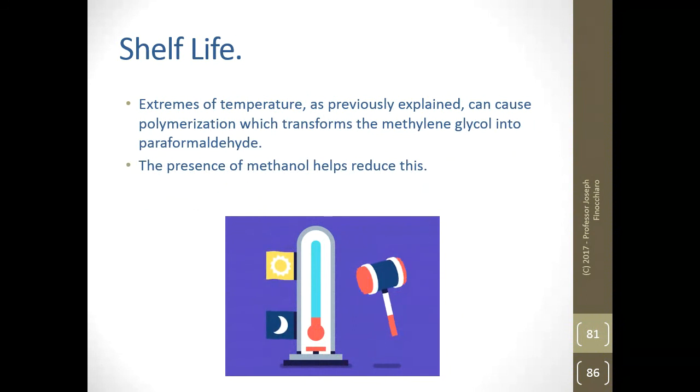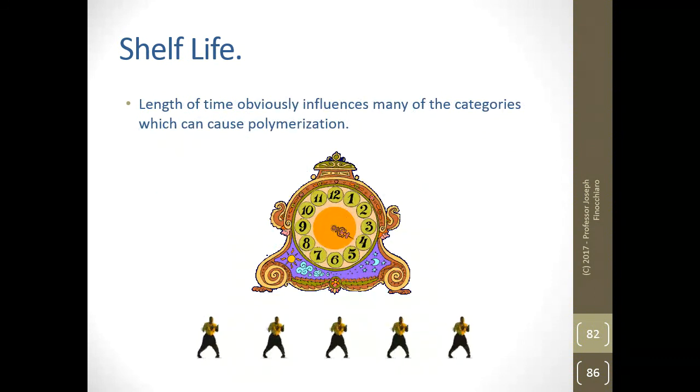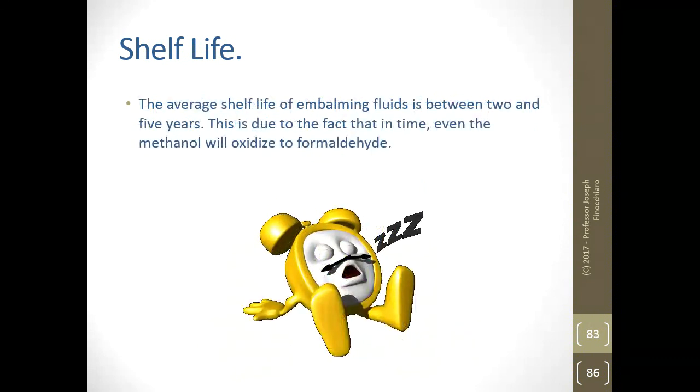Extreme temperatures can cause polymerization, which transforms the methylene glycol into paraformaldehyde, and obviously methanol helps reduce that. The length of time obviously influences many of the categories because it influences exposure, influences the time it is subjected to heat differentials or cold differentials. The average shelf life of embalming fluids is between 2 and 5 years.